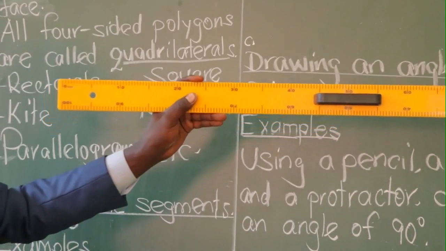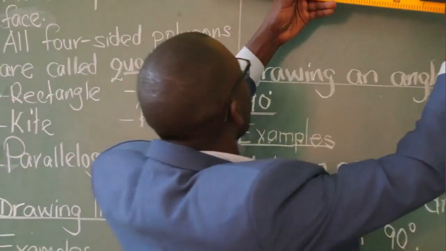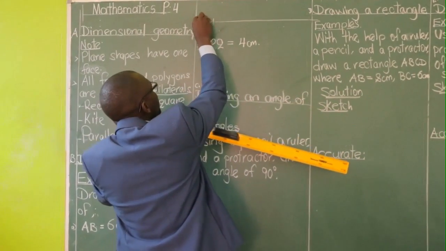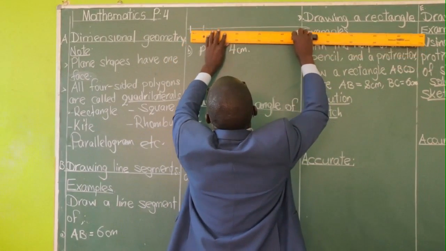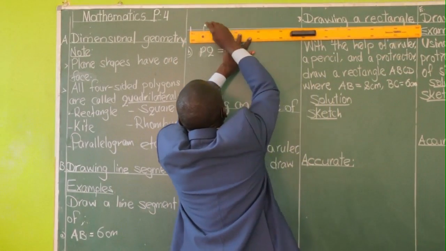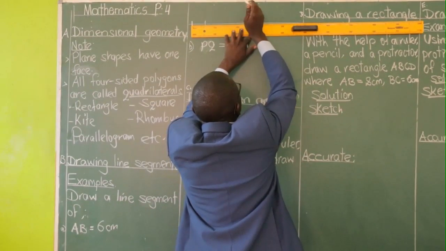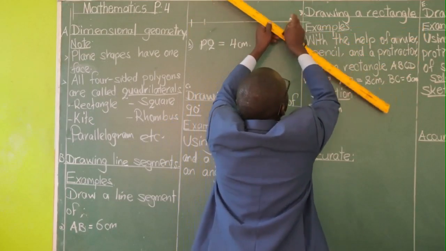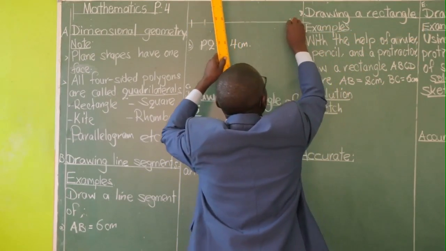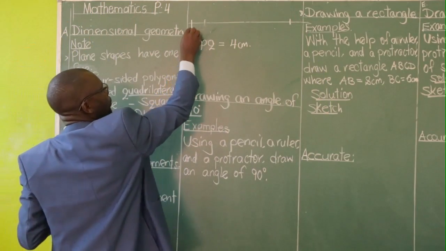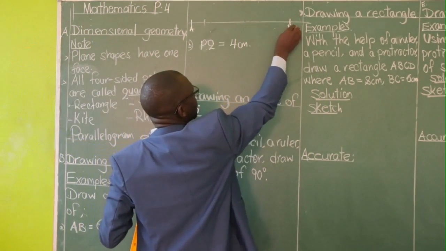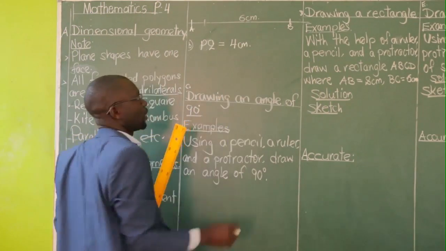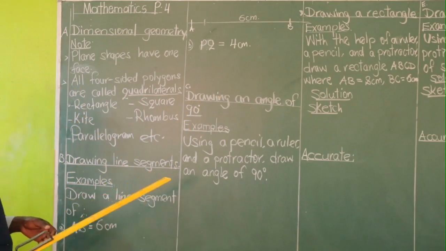So when we put our mark, the first one that we have put on the line, just because our line here is very small, but we can say, if we counted 0, 1, 2, 3, 4, 5, and 6, and then we mark and say it is here. Then we can say this is A, and where this point is B, where we counted 6, and then we shall write here 6 centimeters. That's the line segment of 6 centimeters.